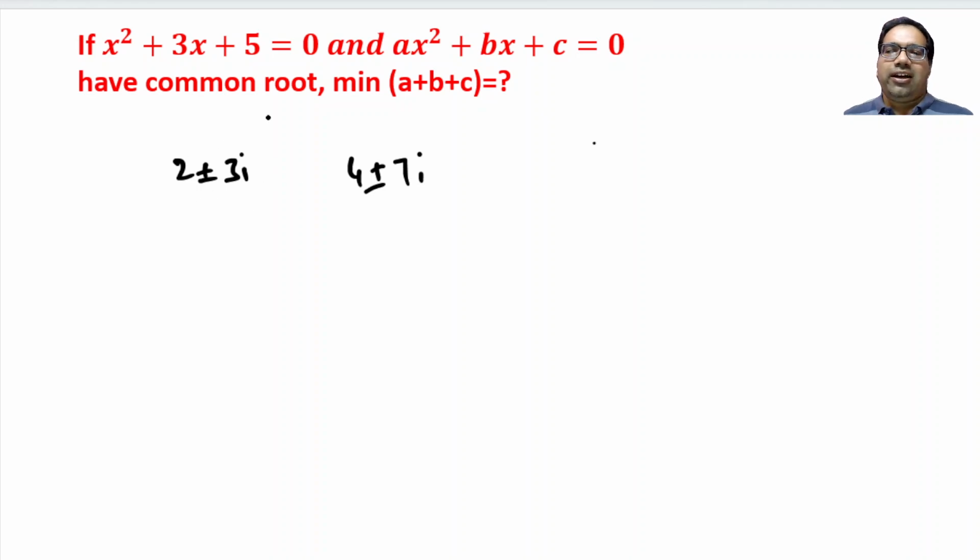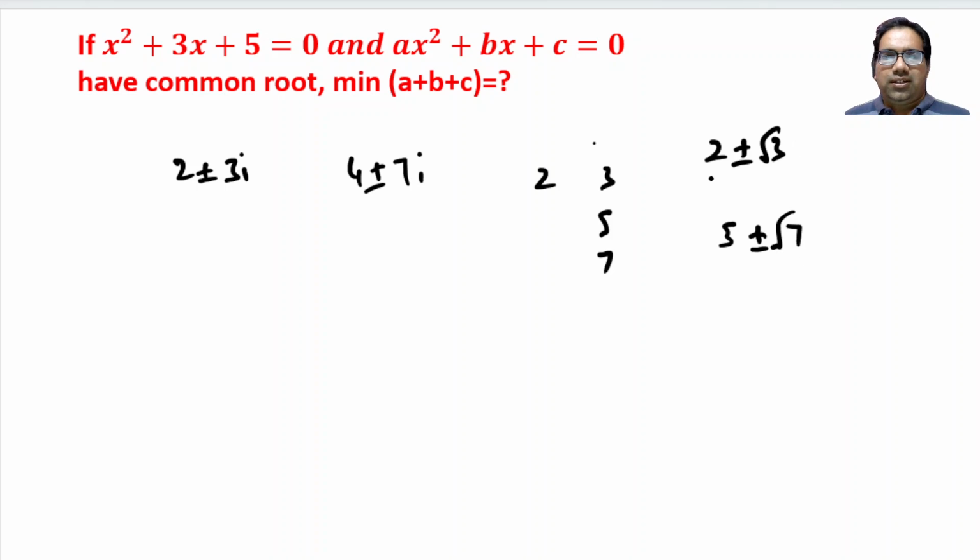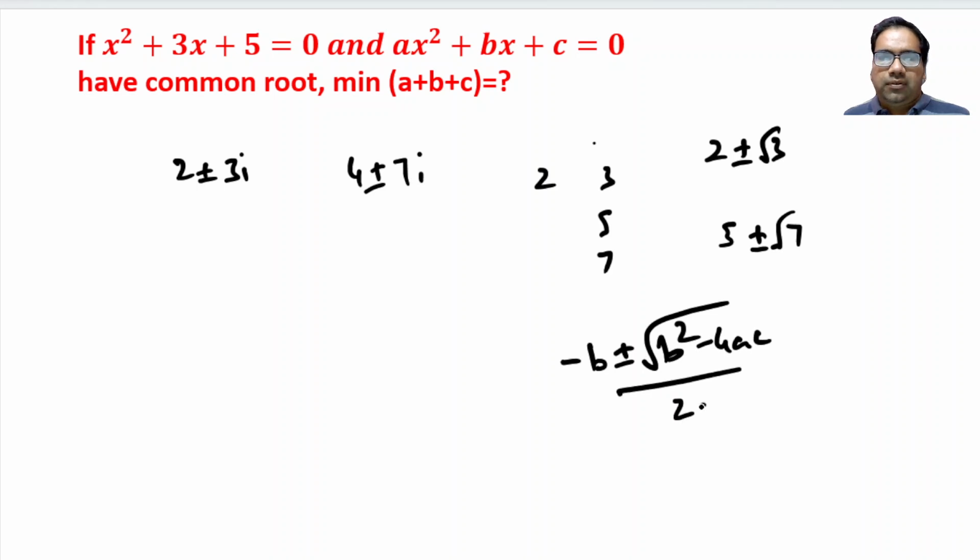Unlike real roots, which can come like 2, 3 or 2, 5, 2, 7. Real and rational roots come like this, but real irrational roots also come in pairs, like 2 plus or minus root 3, 5 plus or minus root 7. So when roots are irrational, they will also come in pairs. Why? Because of minus b plus or minus square root of b square minus 4ac, by 2a.